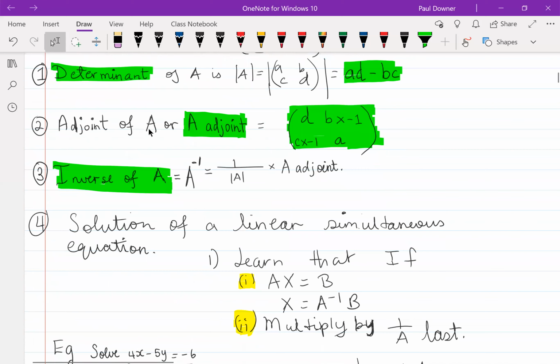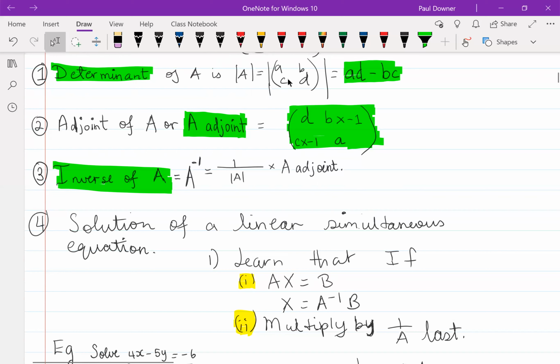The adjoint of a matrix A, or A adjoint, is written like this. To get that, you interchange these 2, a and d. D comes where the a is, and the a goes where the d is. So you get d here and a here, like this. The next step to get the adjoint of A will be to multiply b and c both by -1.